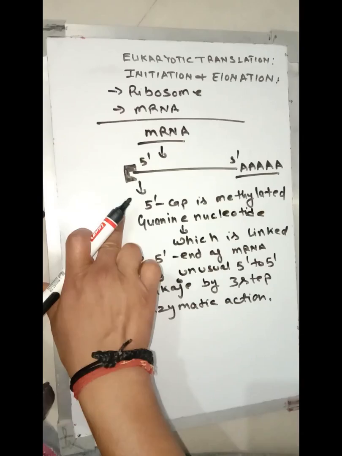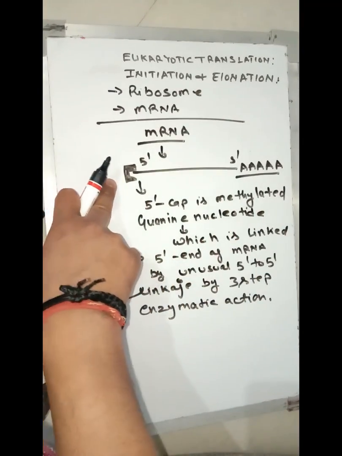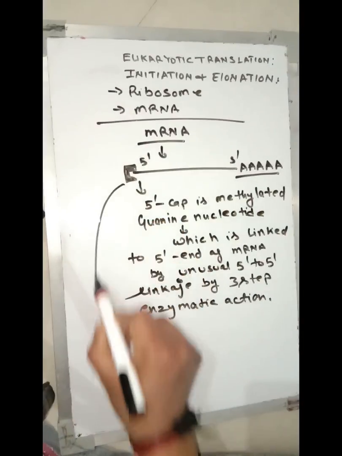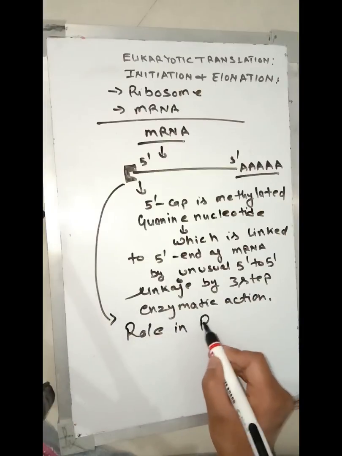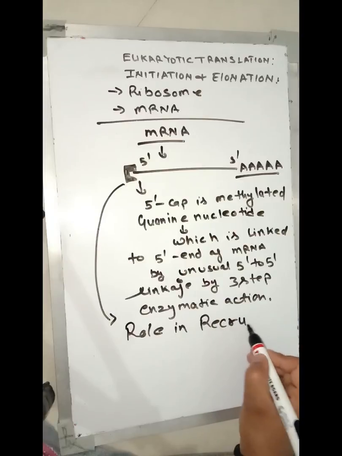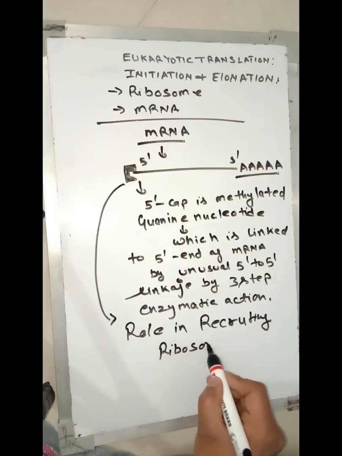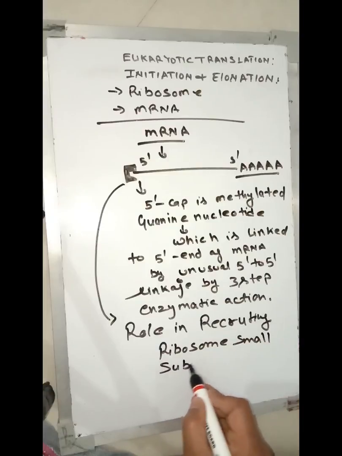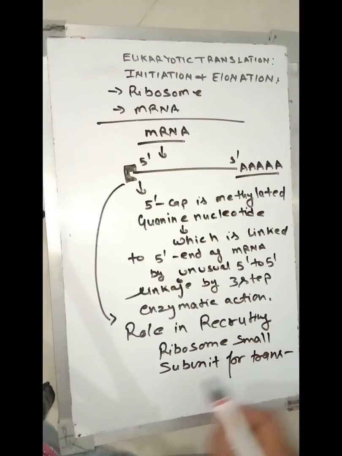So this 5' cap is basically a methylated guanine nucleotide which is attached to the 5' end of an mRNA by an unusual 5' to 5' linkage. This 5' cap has a role in recruiting the ribosome small subunit for translation.